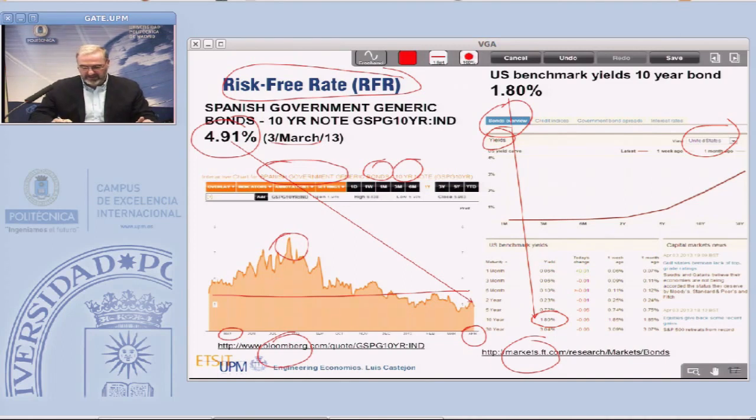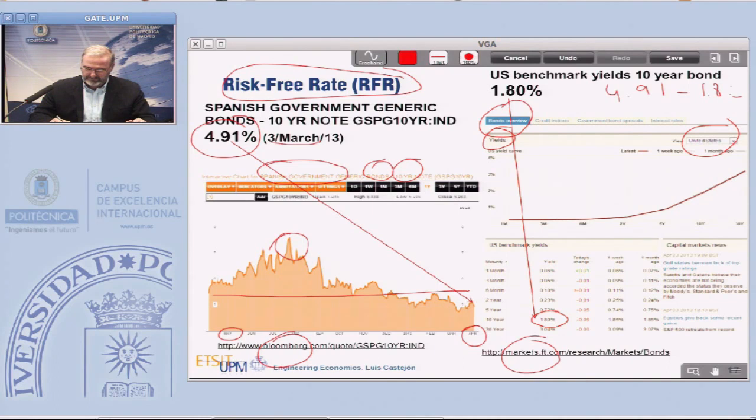As you know, the so-called risk premium is something many people talk about, even the taxi driver or in the news on TV. The risk premium of Spanish bonds is 4.91 minus 1.8.